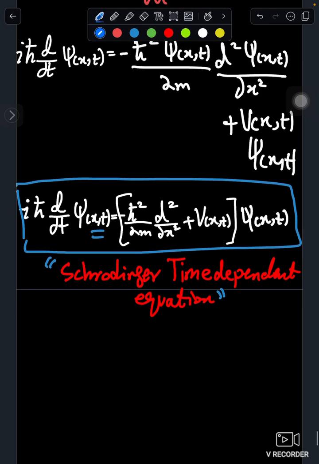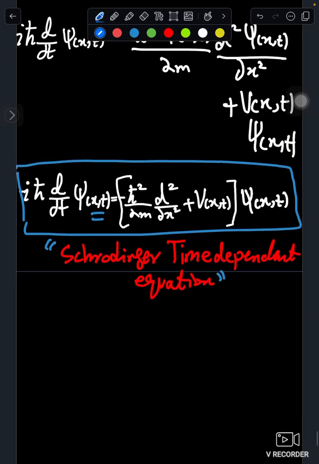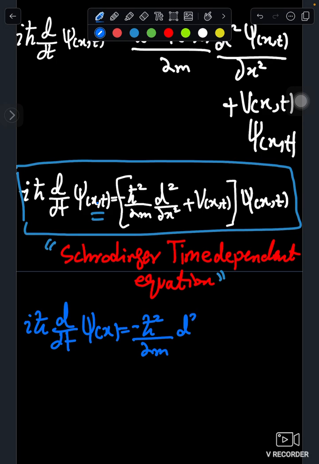If we talk about the time independent one, there will be only a difference of x and t. For time dependent, we get i h bar d over dt of psi of x equals minus h bar squared over 2m d squared over dx squared plus V of x.